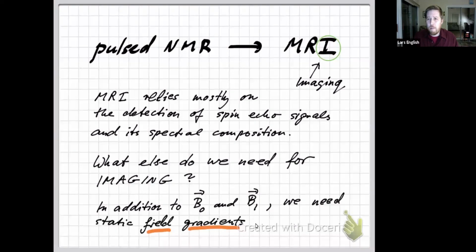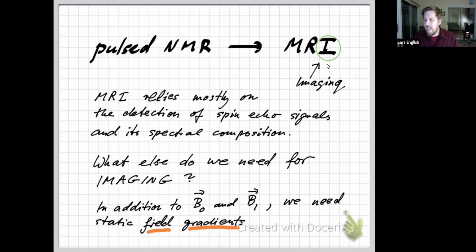So in pulsed NMR, you can get away with a static field B naught, as we said, and an oscillating field B1 that you introduce at certain times. So this B1 comes in pulses, but B naught is static and constant. That is sufficient for NMR.